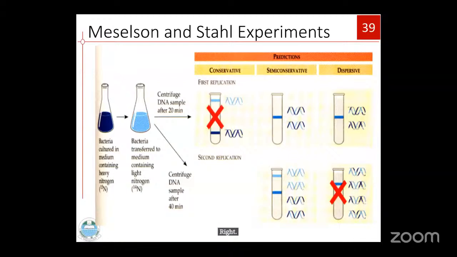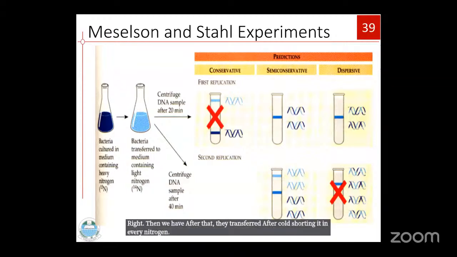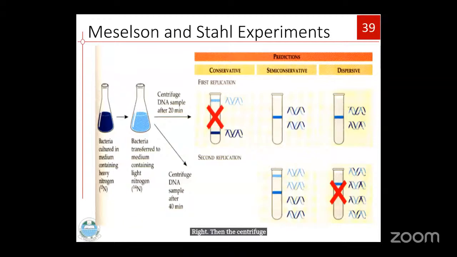After culturing it in heavy nitrogen, they transferred the same bacteria to light nitrogen. Then they centrifuged for 20 minutes for the first generation. This is what they got for the first generation.